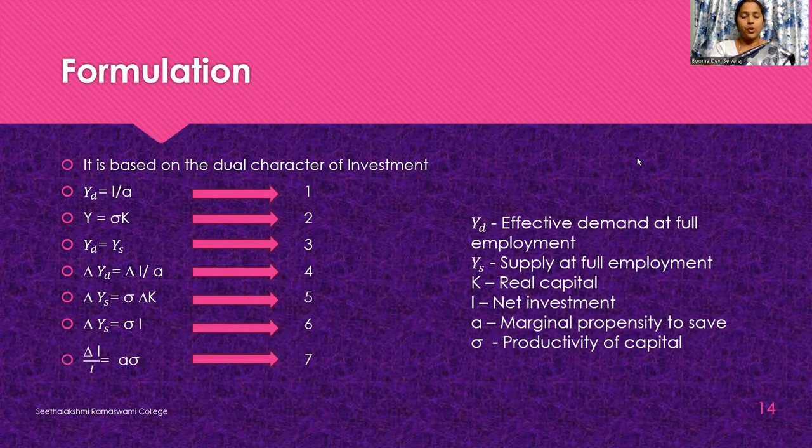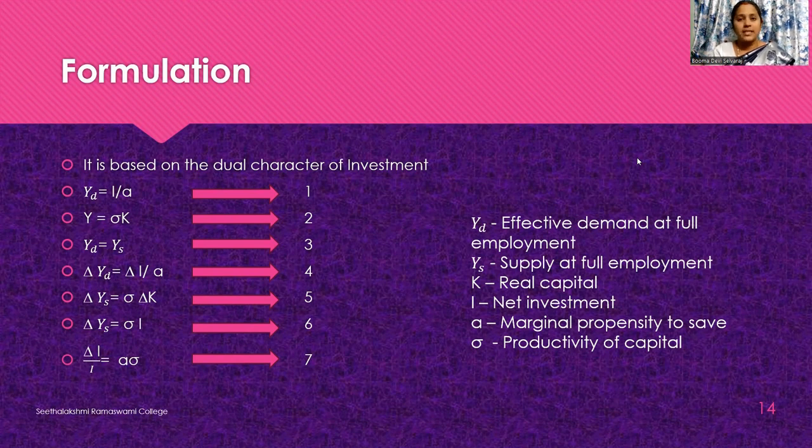Here, the first equation, Y_D is equal to I divided by alpha, explains the level of effective demand is directly related to the level of investment. An increase in the level of investment will directly increase the level of effective demand and vice versa. So, the effective demand is inversely related to the propensity to save. The propensity to save will decrease the level of effective demand and vice versa.